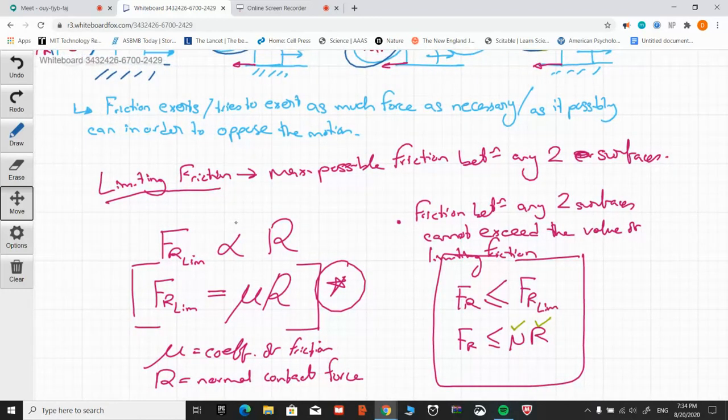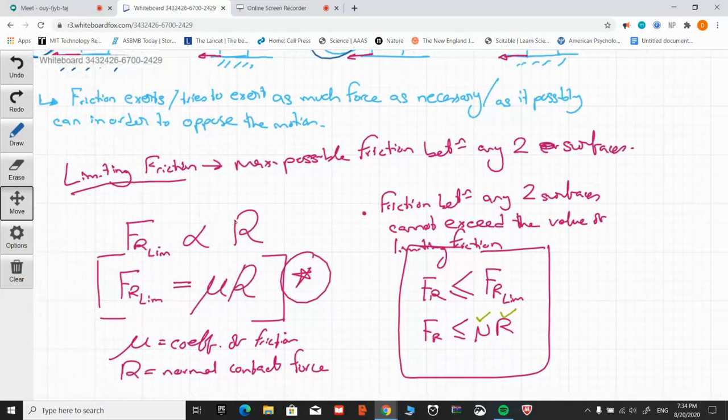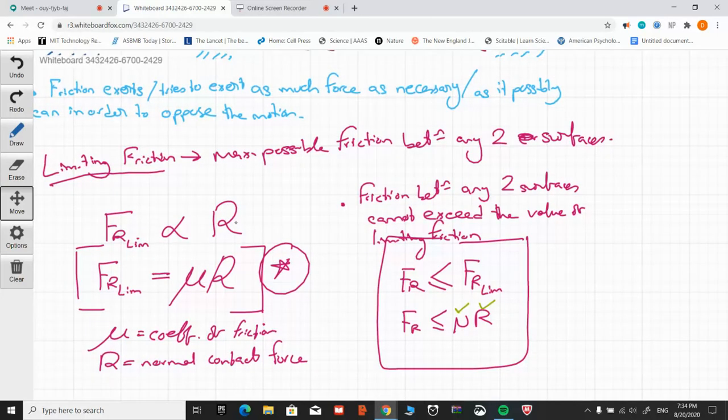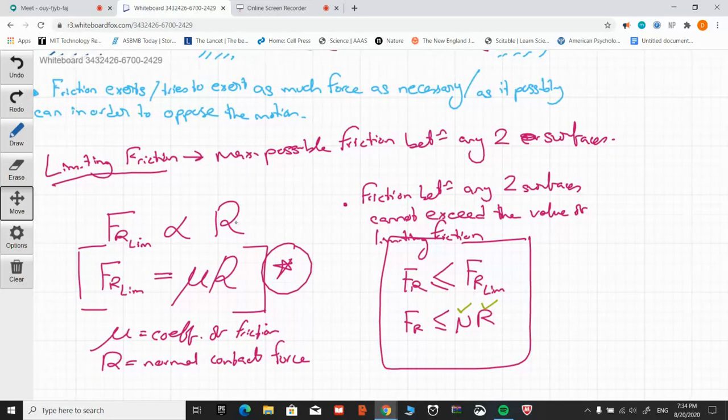Friction values smaller than limiting friction could be acting, but limiting friction will act at the very last stage. The last stage is when the force trying to get the object moving is very large.